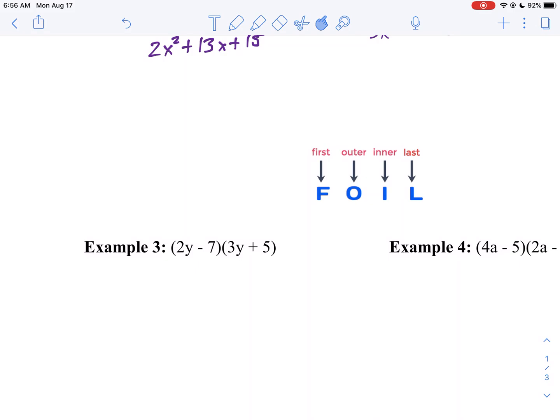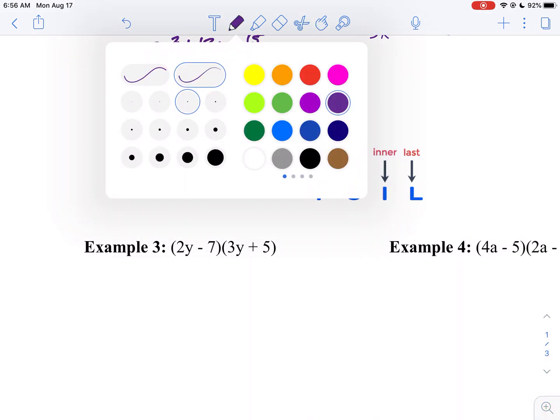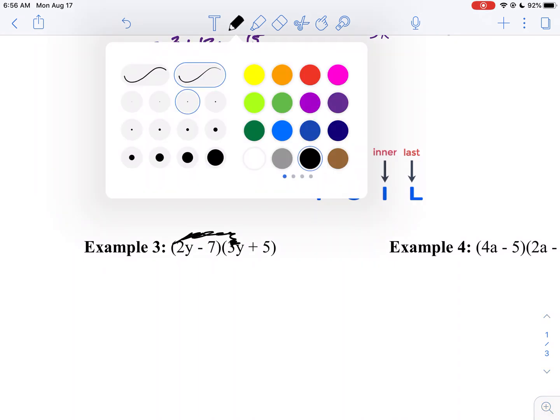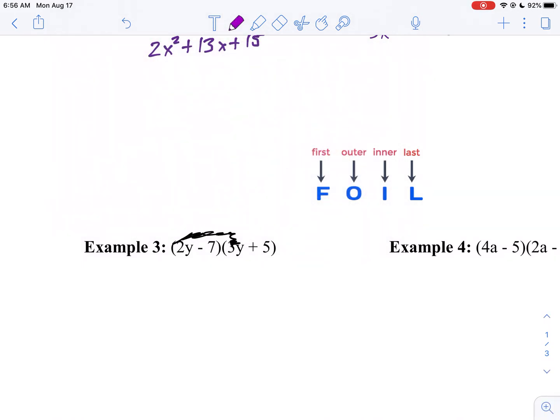So let's apply that. I'm going to multiply my first terms. So 2y times 3y, sorry, I said 7. 2y times 3y is 6y squared. Now I'll multiply my outside terms.